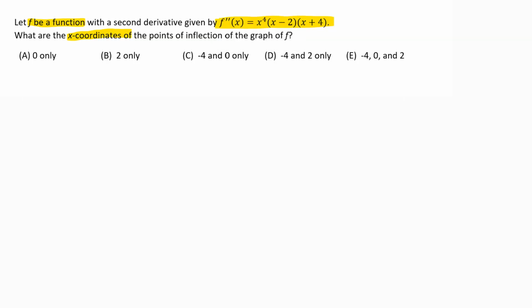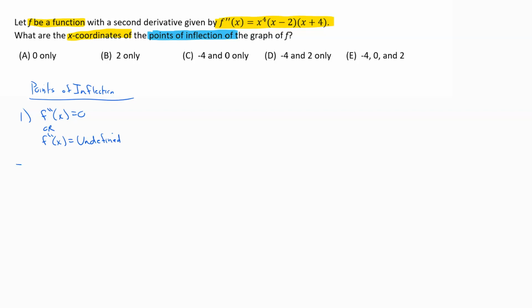As soon as I see that terminology for a problem like this, the points of inflection is telling me I need to know that definition first and foremost. So points of inflection have to fit two criteria. First, they have to be the places where that second derivative equals zero or that second derivative is undefined.